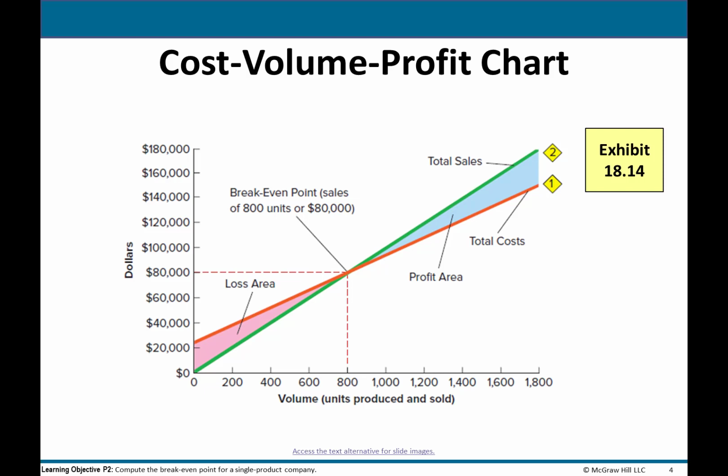Notice that you can find the break-even point by looking at the intersections of the line. In this case, it looks like it's 800 units or $80,000.